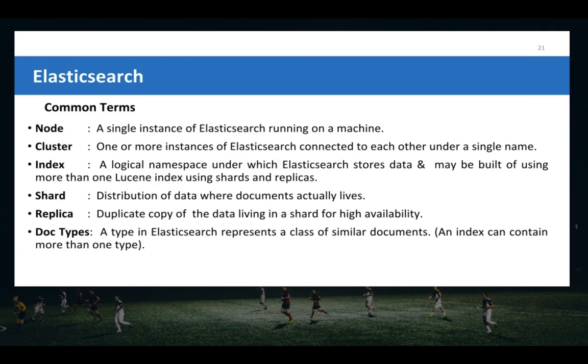A cluster is one or more instances of Elasticsearch connected to each other under a single name. An index is a logical namespace under which Elasticsearch stores data and may be built of more than one Lucene index using shards and replicas.